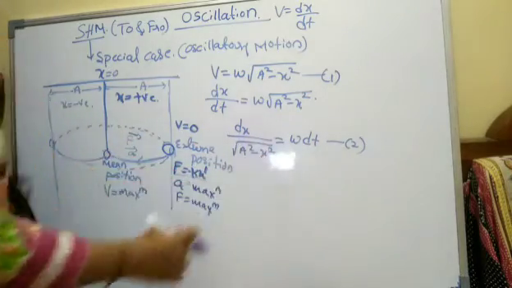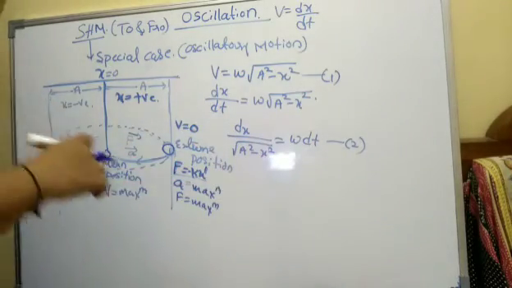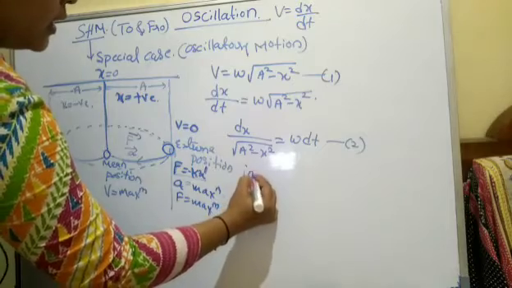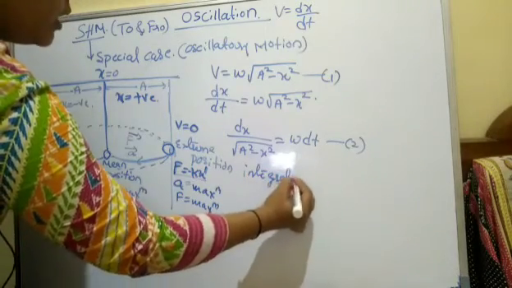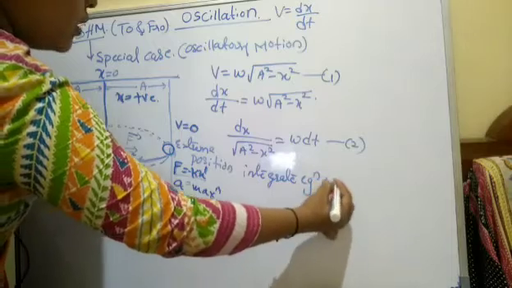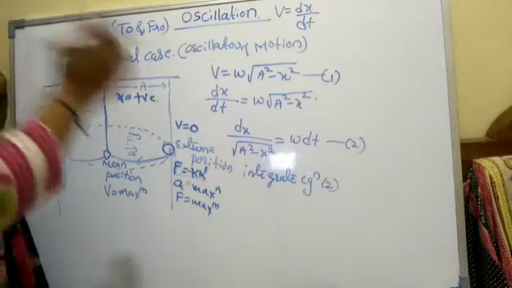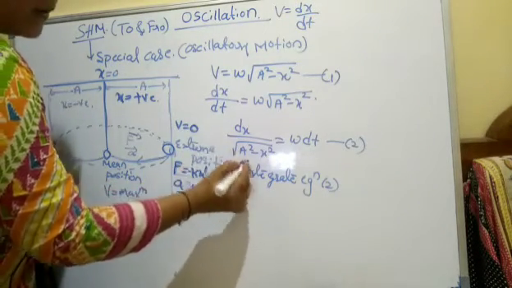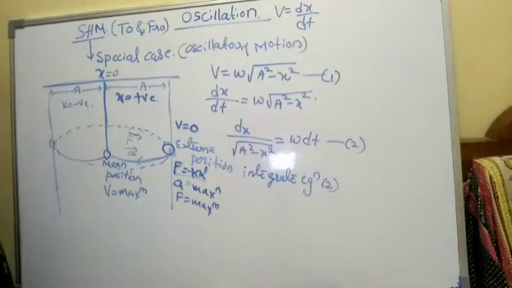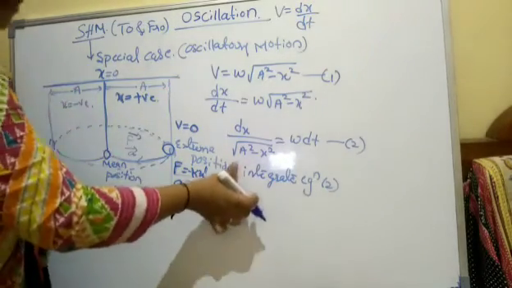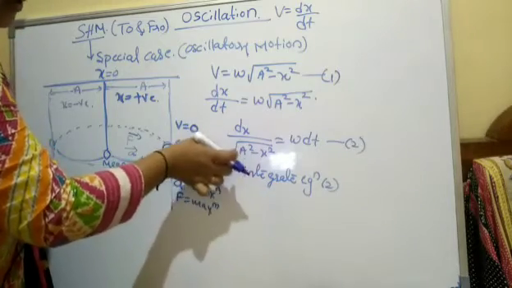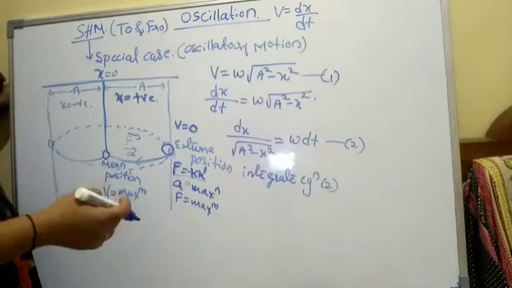Looking at this equation, we have to integrate equation 2. Why do we need to integrate here? We want the general form of displacement of a particle from the mean position when it is executing simple harmonic motion. Integration will give you the simplest, single form of how the particle shows the displacement.